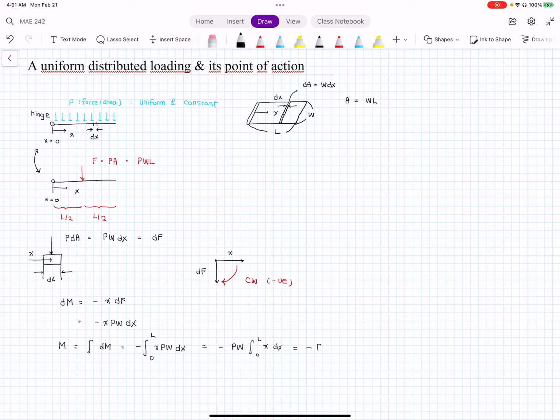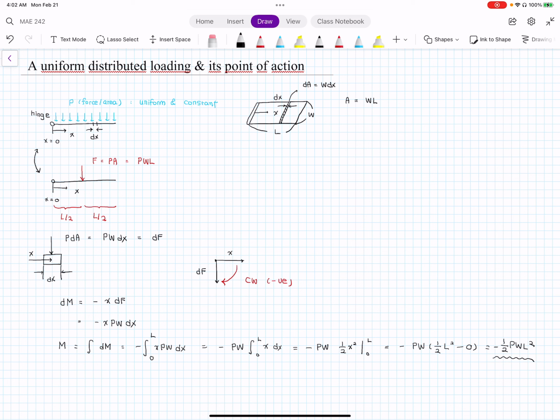The integration of x is 1/2 x squared, evaluated from 0 to L: minus PW times 1/2 L squared minus 0. Therefore, this is minus 1/2 PW L squared.